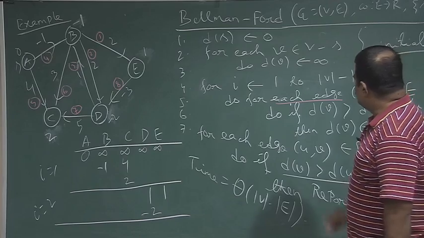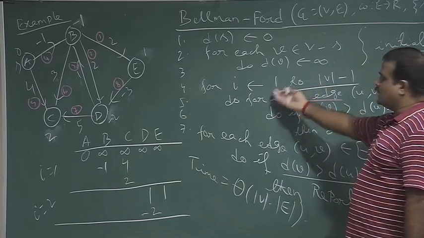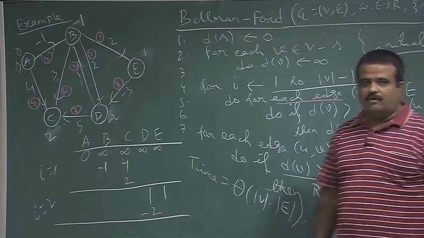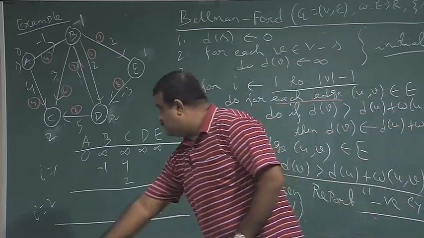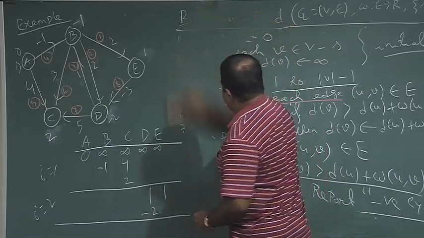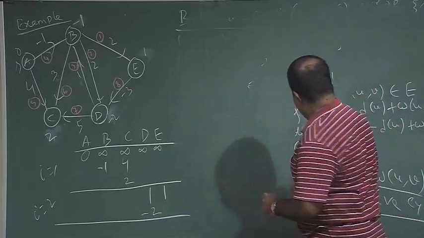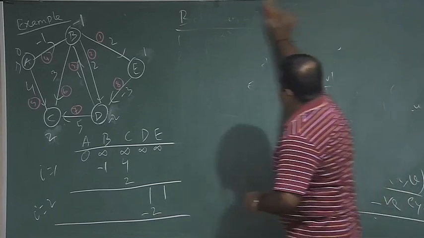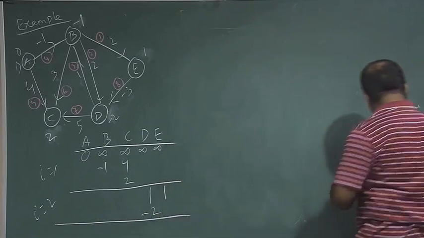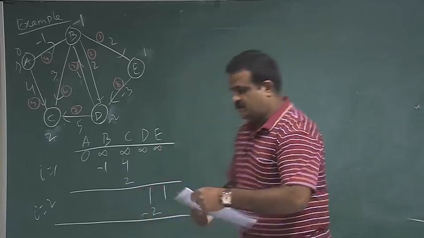Okay. Now the question is why we are going for this outer loop this many times, why it is order of V times. That we have to check, that is the correctness of this code. So let us write the correctness of this Bellman Ford algorithm and try to see why it is V times.